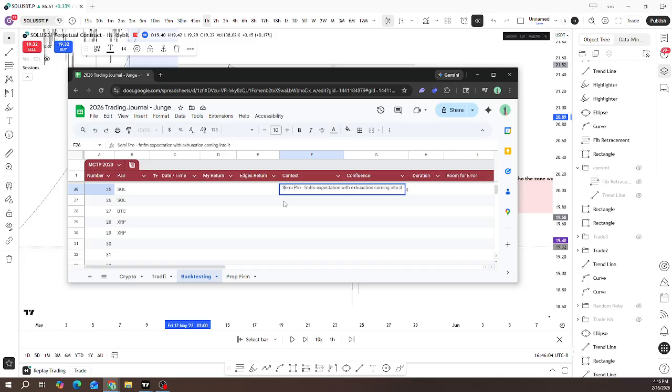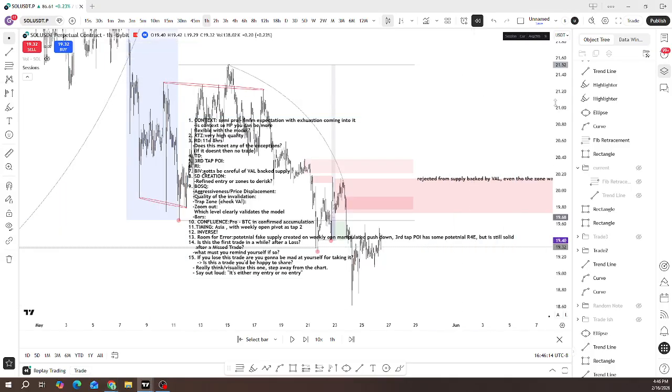And Solana was definitely on that semi-pro. First move, fake move, expectation with exhaustion coming into it. Just explain that, and then Bitcoin.